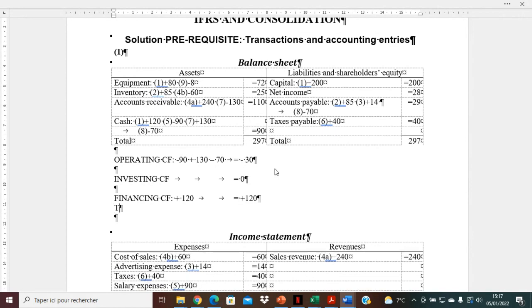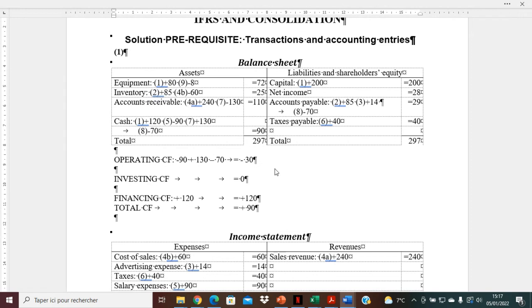Okay, very good. That means now I can calculate my total change or total cash flow. What is that? Well, it's the sum of the 3 parts. Therefore, my total cash flow is plus 90. Now, minus 30 in operations, plus 120 in financing.